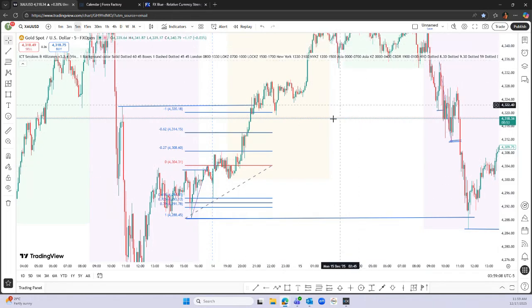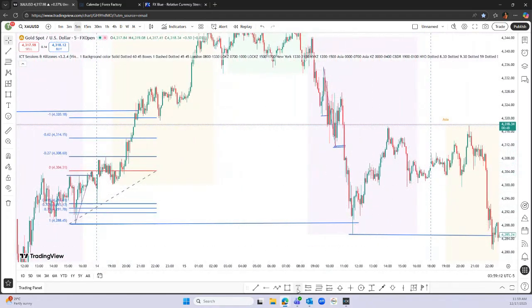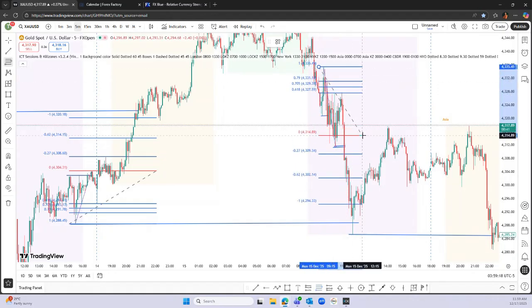So what next? Even on this other side, you'll just do the same. You mark from the swing high to the swing low.